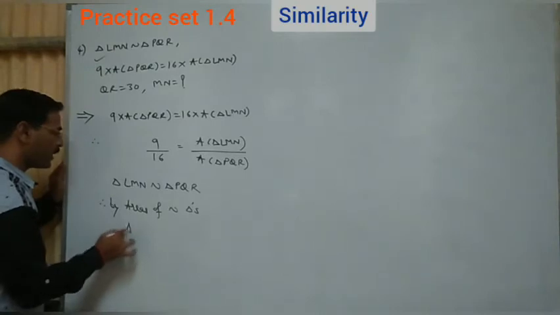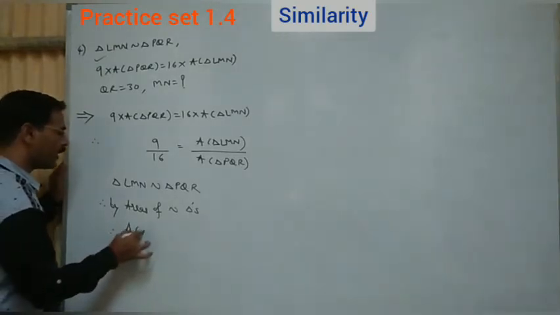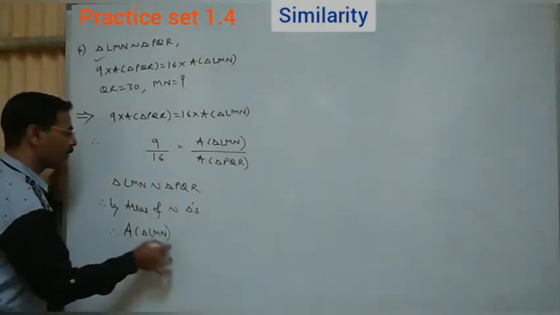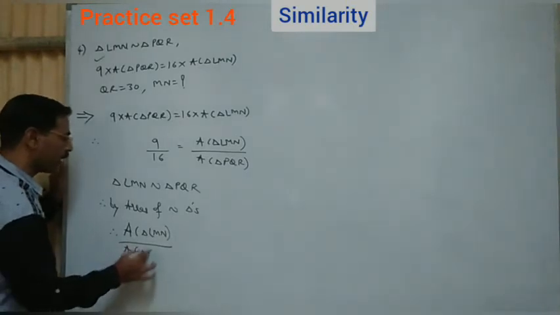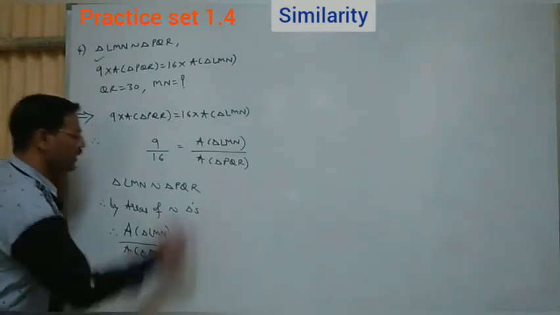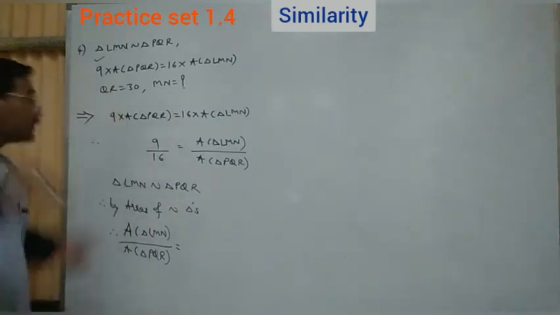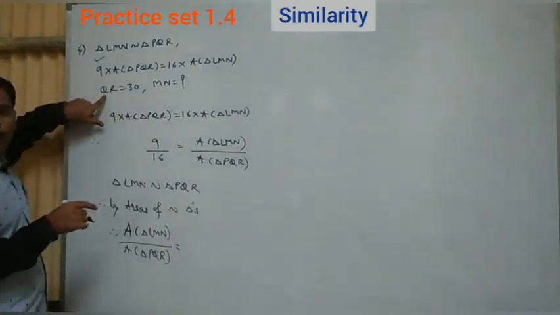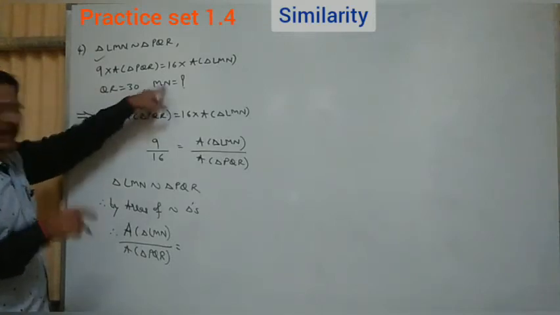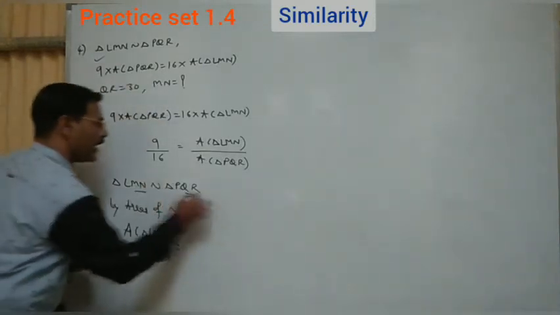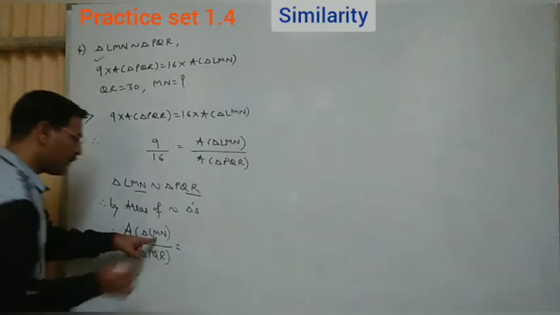by that property, we will write here now area of triangle LMN upon area of triangle PQR is equal to, we have to take one side. We can take any side, but QR is given to us and MN we have to find. So these two only, MN and QR, they are corresponding sides. So LMN is there.